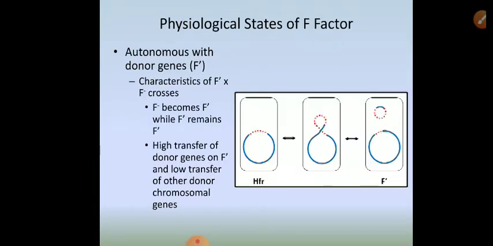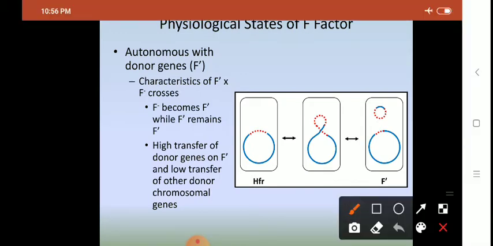Okay. Now, look at this diagram and see. This first cell is HFR cell, where the plasmid DNA, or F factor, is integrated inside the chromosomal DNA. In the second diagram, you can see that the F factor is getting separated. The plasmid is getting separated from the chromosome.